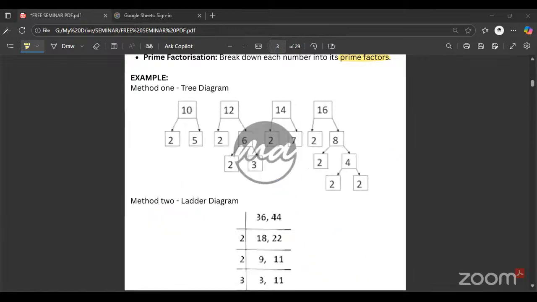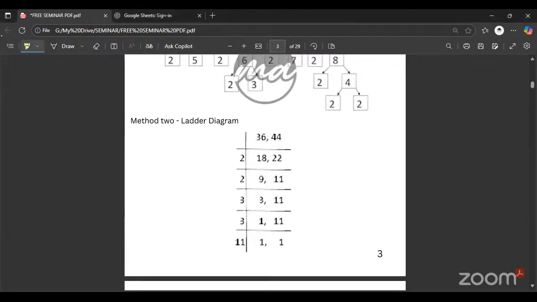Now when it comes to the ladder diagram, let's take the same question so that it will be clearer for you to find the differences. We took the numbers 8 and 12. A ladder method will be something like this. Here also you have to divide by prime numbers.